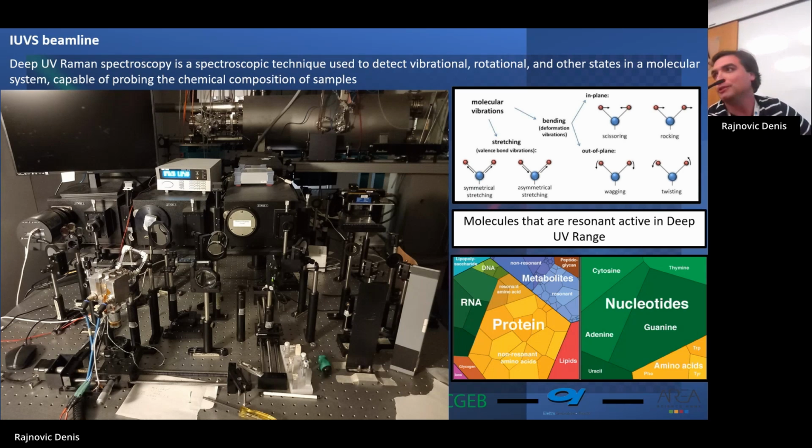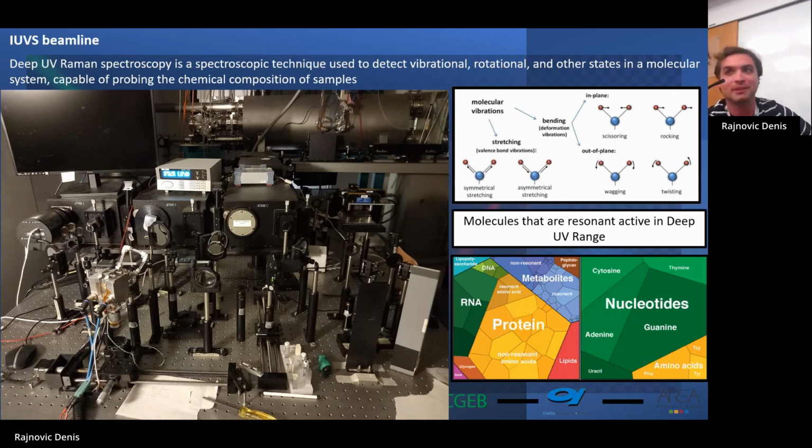For this study, I'm using excitation wavelength 213, at which the molecules that are really active are lipids and proteins. I have other studies with 266, for instance, where nucleotides are really resonant active with this excitation wavelength.